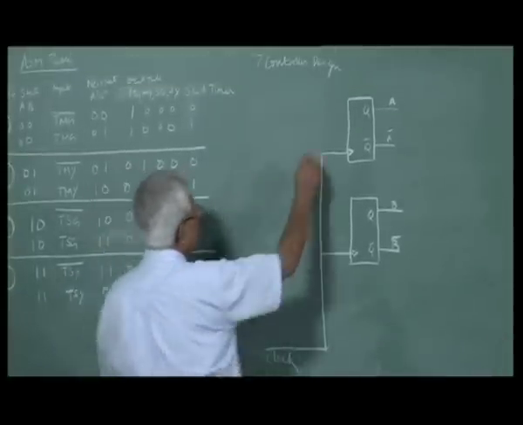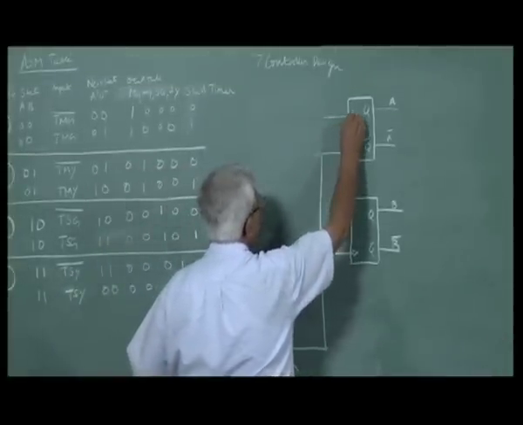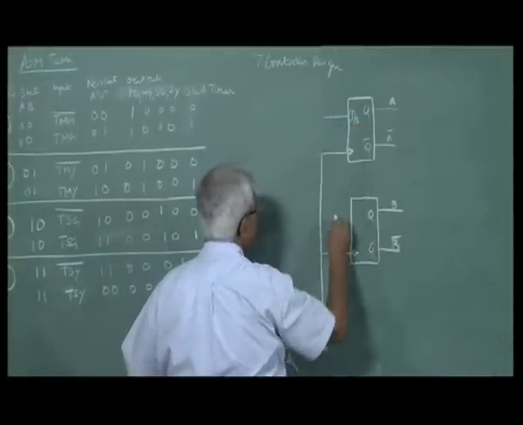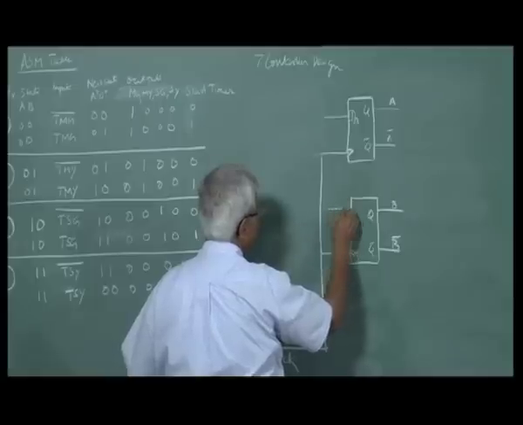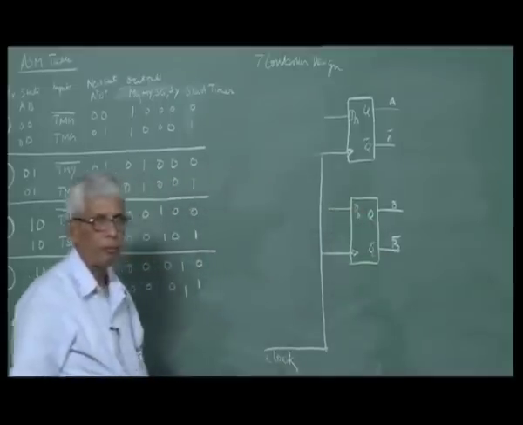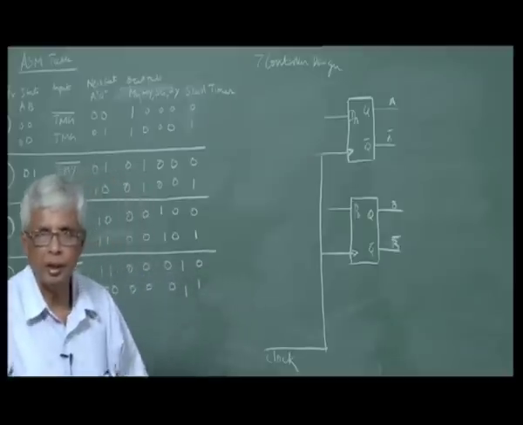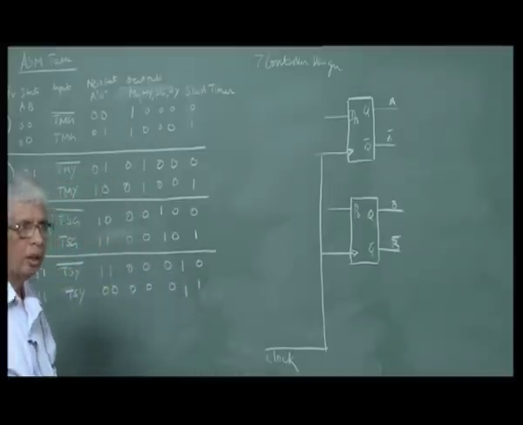Now this will be DA, input to flip-flop A, DB, input to flip-flop B. D input to flip-flop A, D input to flip-flop B.